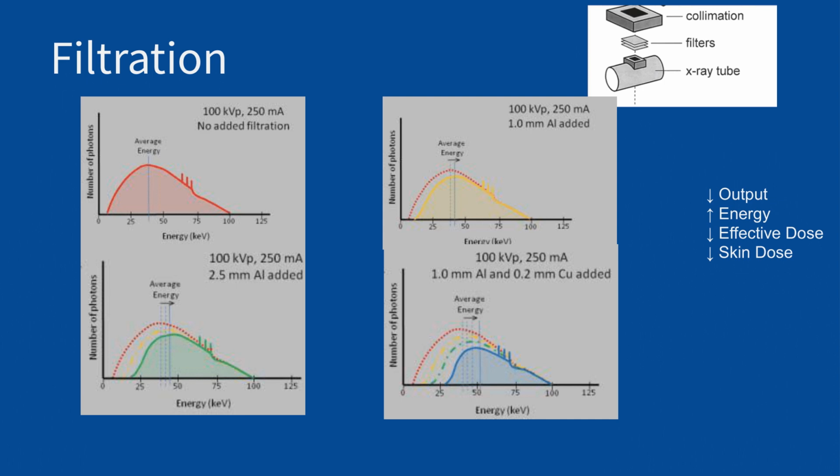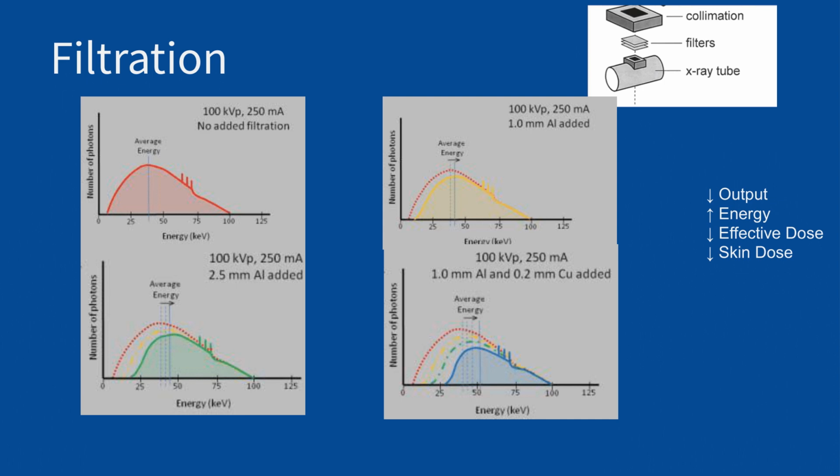Using filtration, we can add some kind of metal that has very specific characteristics as to what X-rays can pass. A very common one in typical radiography is aluminum, and aluminum narrows that beam and actually increases the average energy of the X-ray beam.